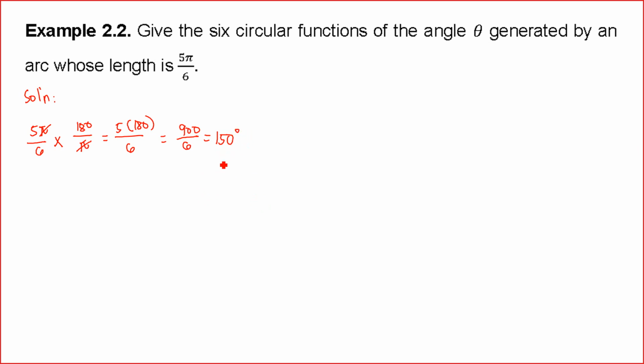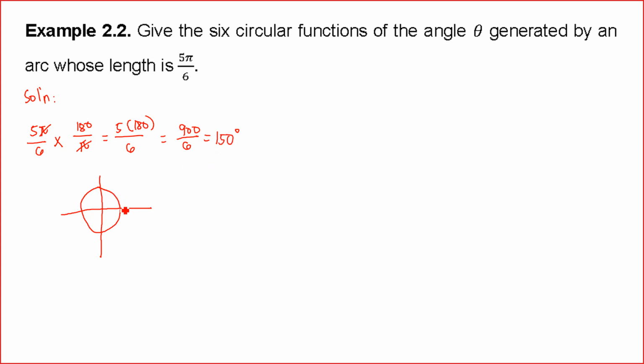So if we are going to draw a unit circle here, imagine this is a unit circle, and we have an angle of 150 degrees.